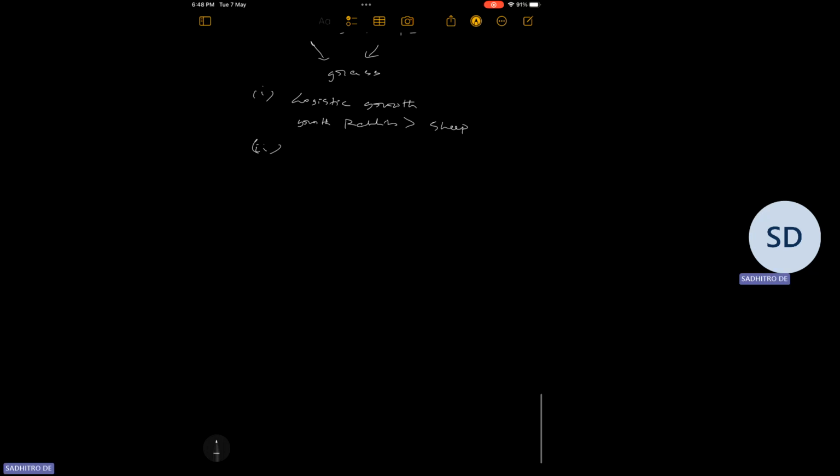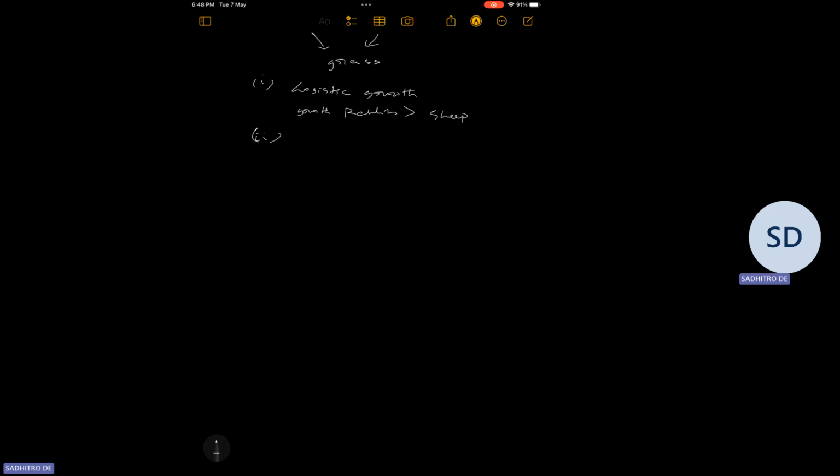And the second assumption is that when the rabbit and sheep encounter each other, then there is competition. So we assume that the conflicts between rabbit and sheep occur at a rate which is proportional to the size of each population.